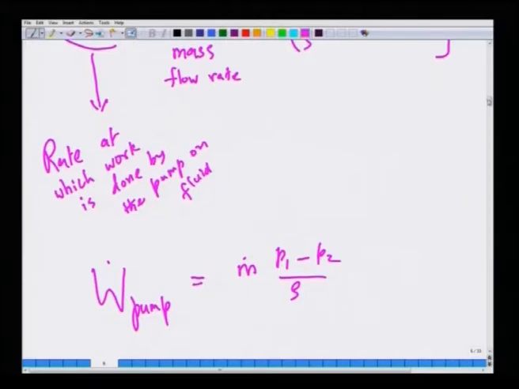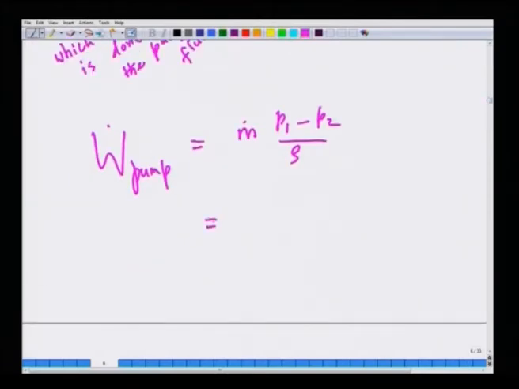Now, m dot is mass per unit time, rho is mass per unit volume, so m dot by rho will essentially give you q dot times delta P. This is the volumetric flow rate of the pump times the pressure difference across the pump, which gives you the rate at which work is done by the pump.